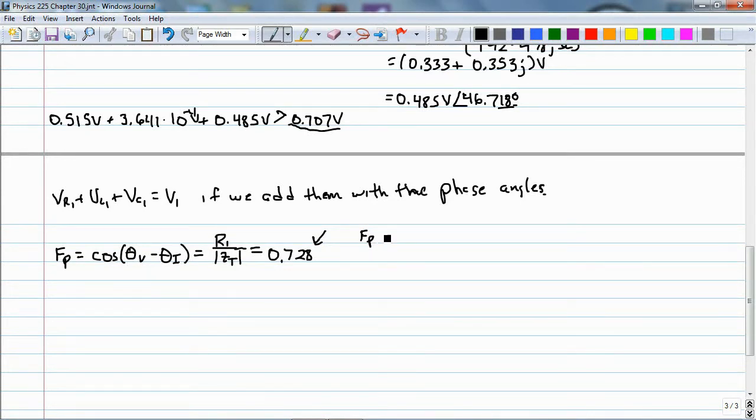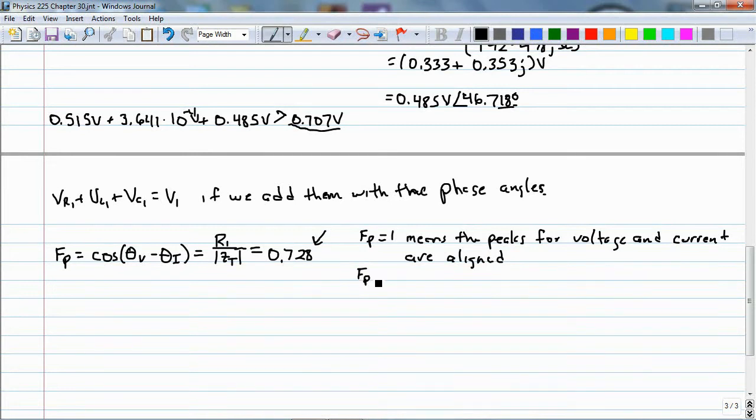So a power factor equal to 1 means the peaks are lined up. A power factor of 0 indicates that the peaks are opposite each other.